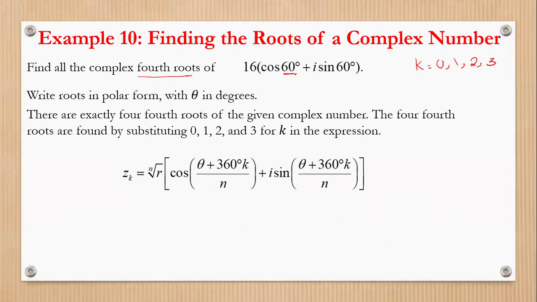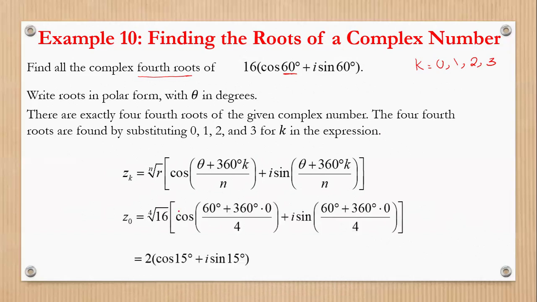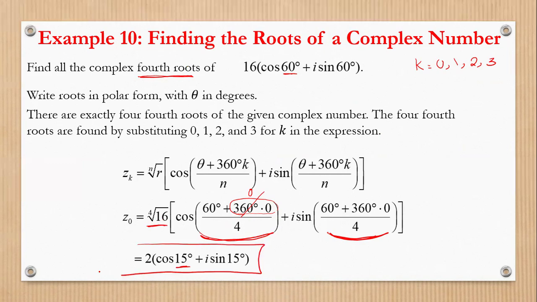If I replace k by 0, I get 360 times 0, which is 0. 60 plus 0 is 60. And then divided by 4 because we want to find the fourth root. And 60 divided by 4 is 15 degrees. And if you calculate one of these, you have the answer for the other one as well because they are the same. And we also need to find the fourth root of 16, which is 2.